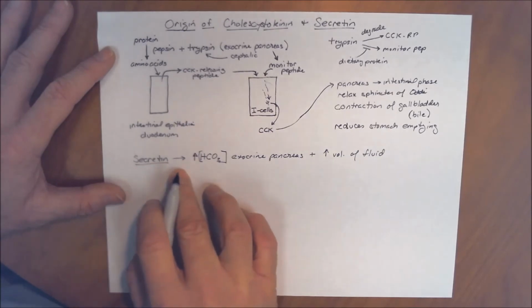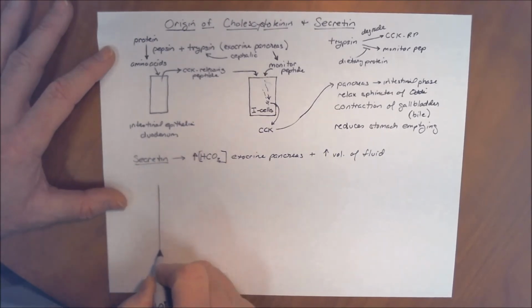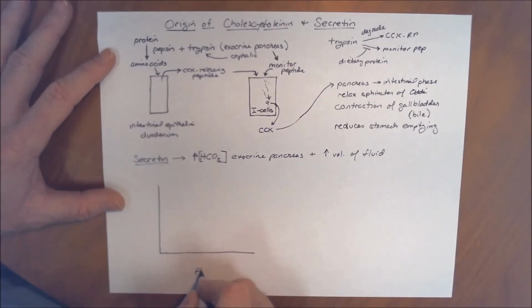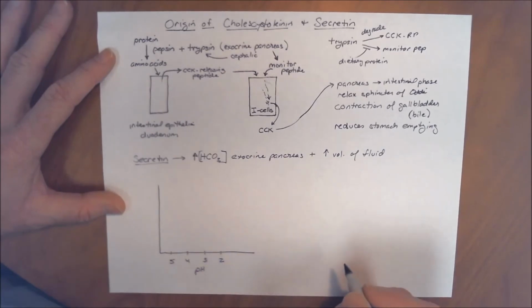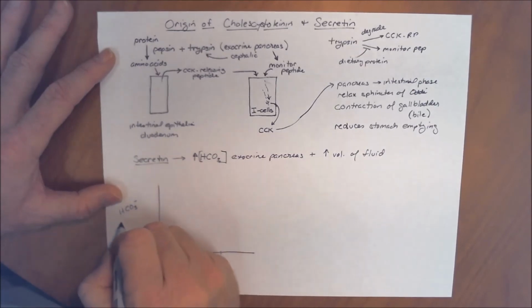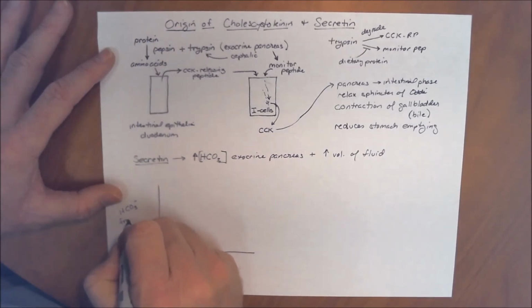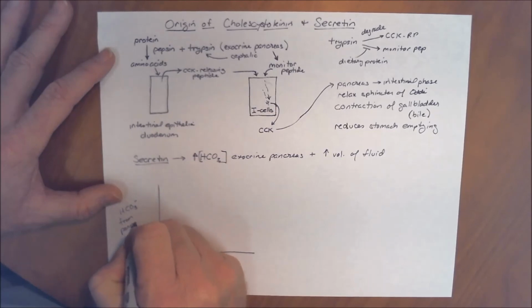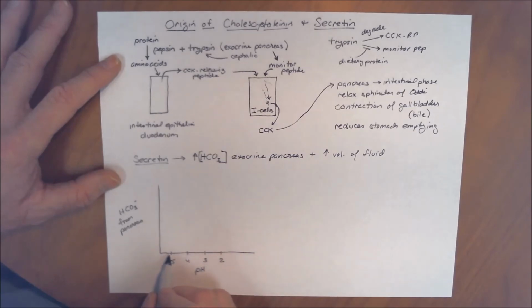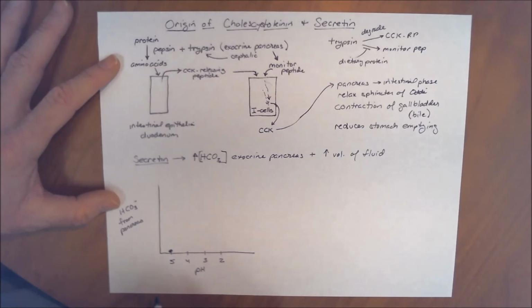So what triggers the release of secretin? If we look at a graph where we're comparing pH with the amount of bicarbonate ion from the pancreas, what we see is that at high pHs, we have very little bicarb.